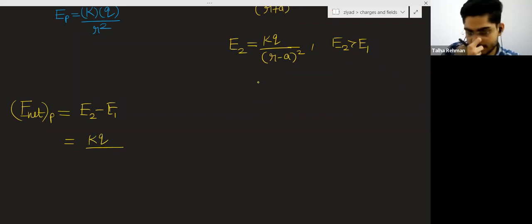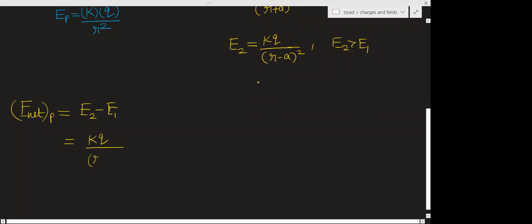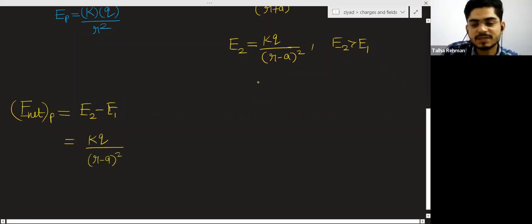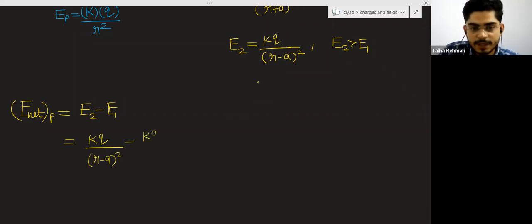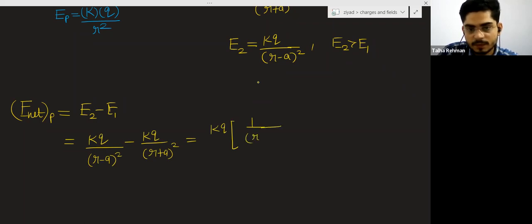So what is the value of E2? KQ divided by R minus A square. This is just a simple calculation, nothing else. KQ divided by R plus A square. Now what we will do, we will take KQ common, and we will have 1 upon R minus A square minus 1 upon R plus A square.